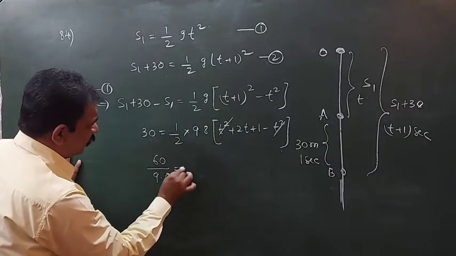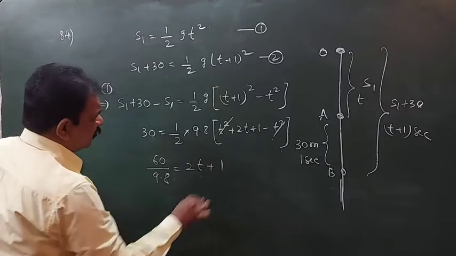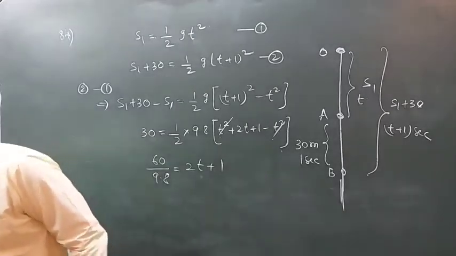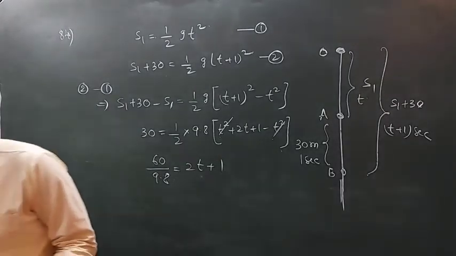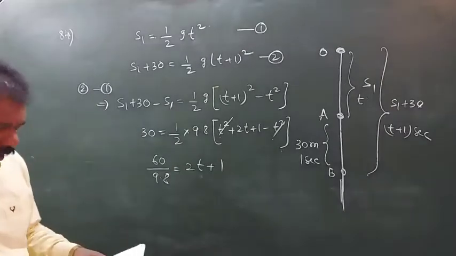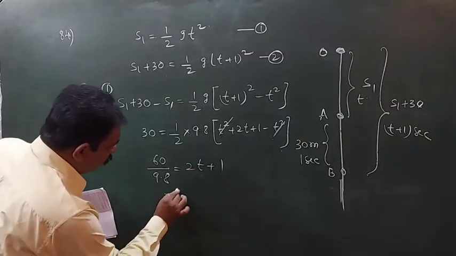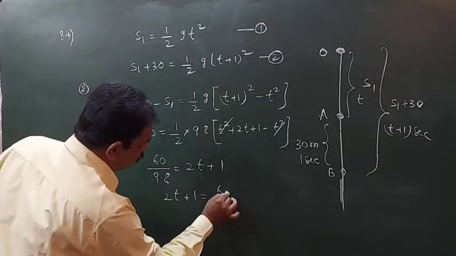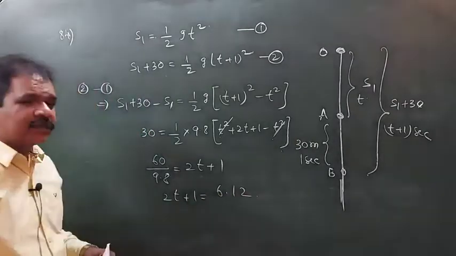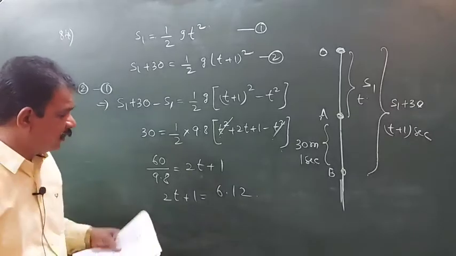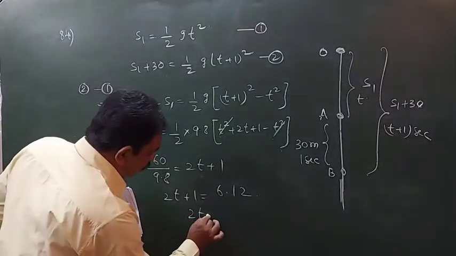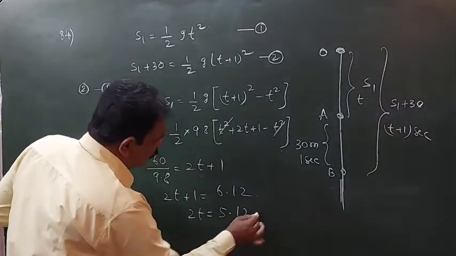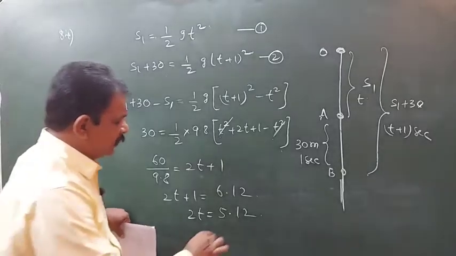60 by 9.8 is equal to 2t plus 1. 60 by 9.8 means this value 2t plus 1 is equal to 6.12 seconds. Then 2t value will be 5.12 seconds.